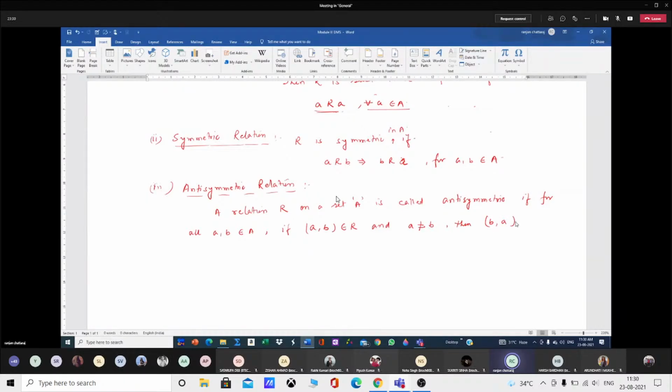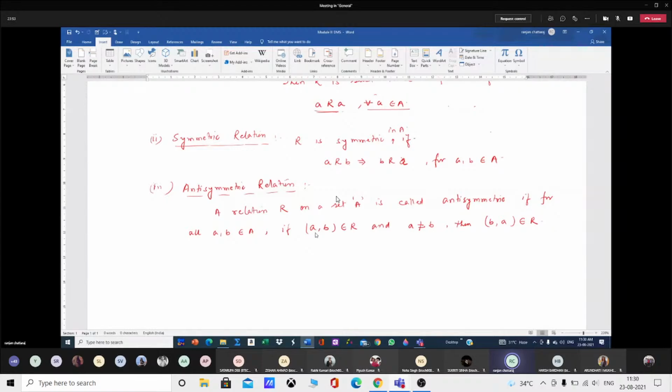A relation R on a set A is called antisymmetric if for all (a, b), that means the (a, b) which belong to this R, not for all a, b belonging to A.